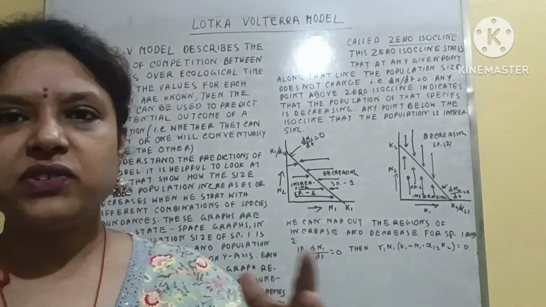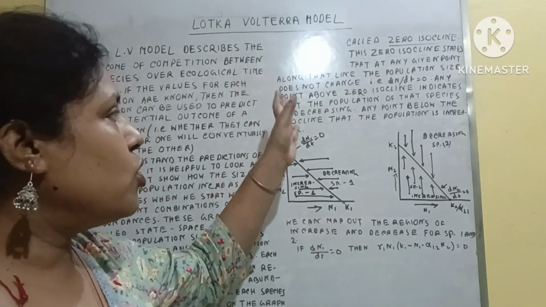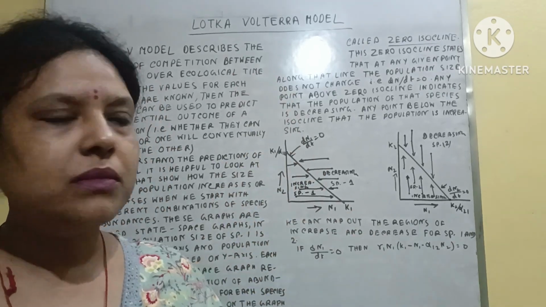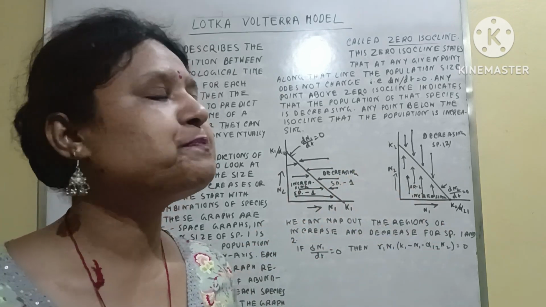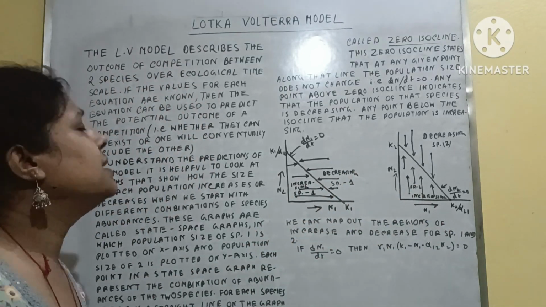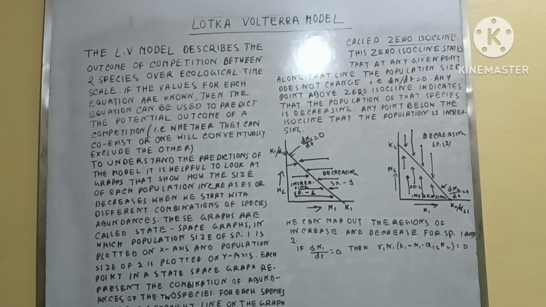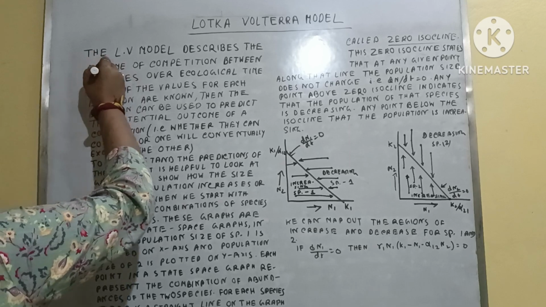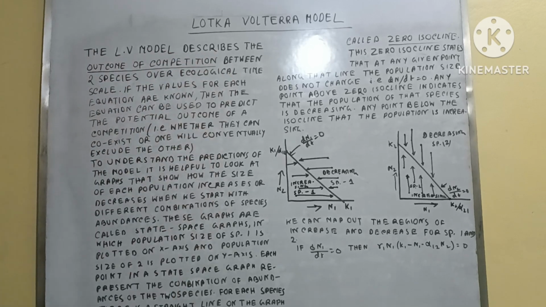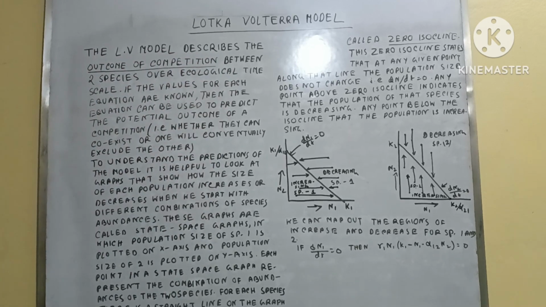So here I will try to explain this model, or how the predictions come by analyzing these two graphs. Let's continue. This LV model describes the outcome of competition.